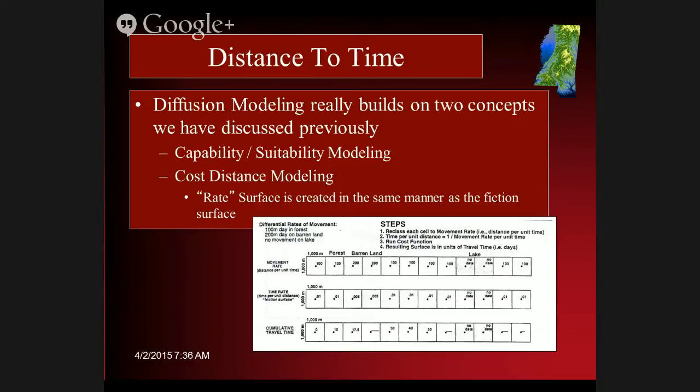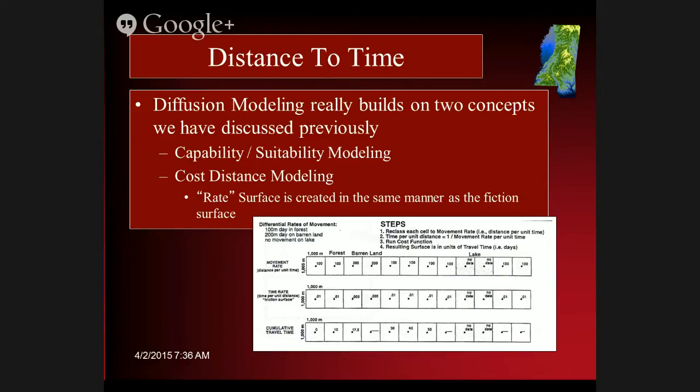Okay. Now, how does that differ from cost? Okay. It's almost inversely proportional, right? A 100 is lower cost than 200, but we're not talking about cost. We're talking about movement rate, growth rate. Growth rate or movement rate, those terms are interchangeable here.